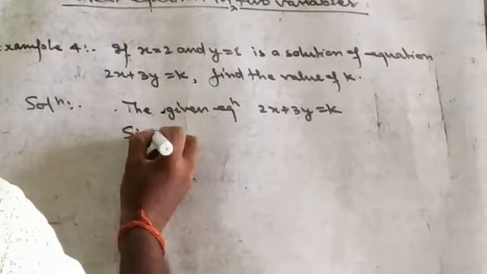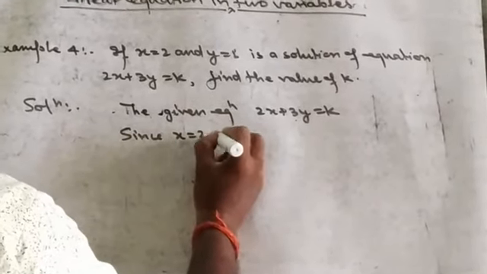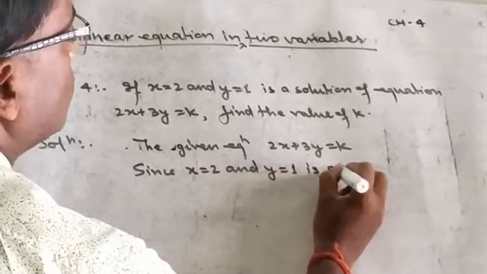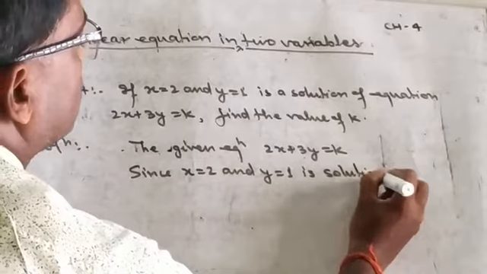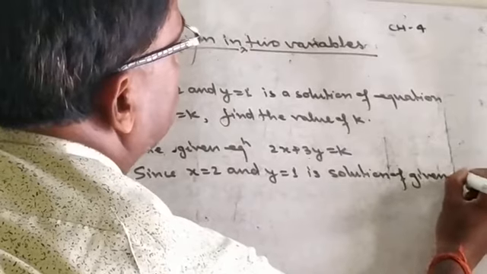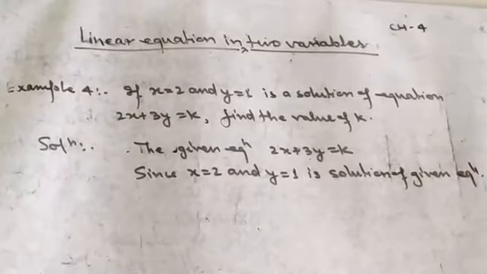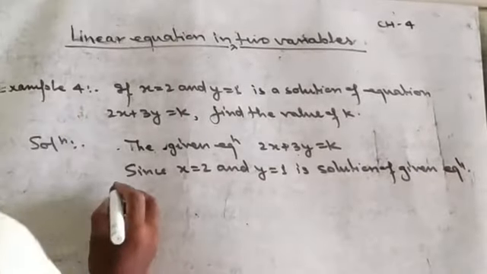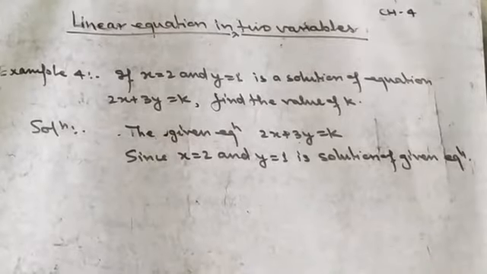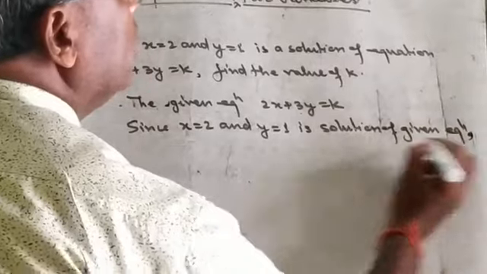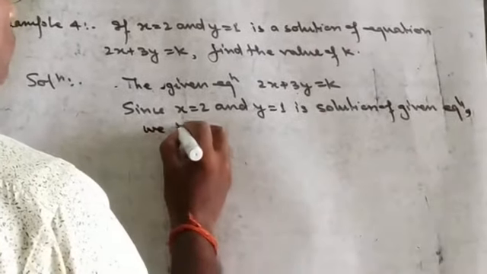Since x is equal to 2 and y is equal to 1 is a solution of the given equation, then we have, what can we get there?